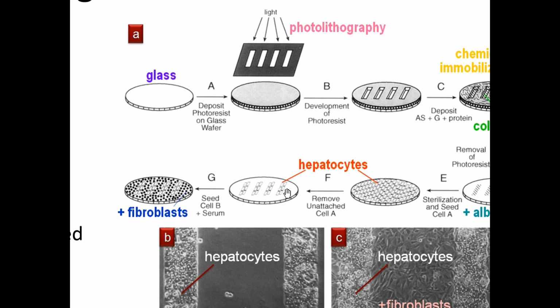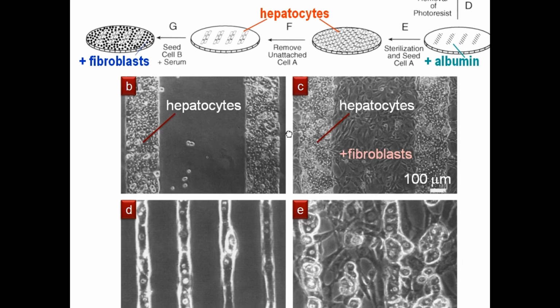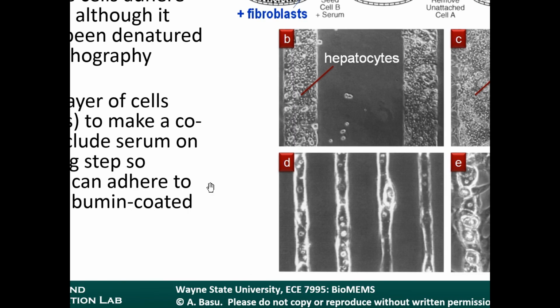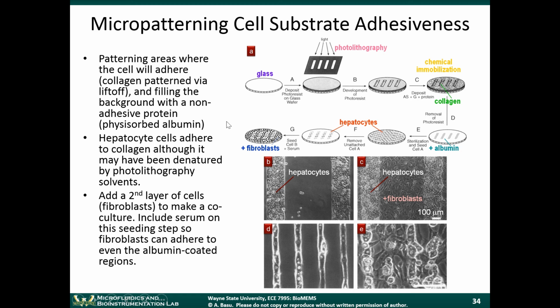So in this case, they had hepatocytes and fibroblasts co-cultured right next to each other. And so what they were doing here is trying to mimic some of the structures in the liver.